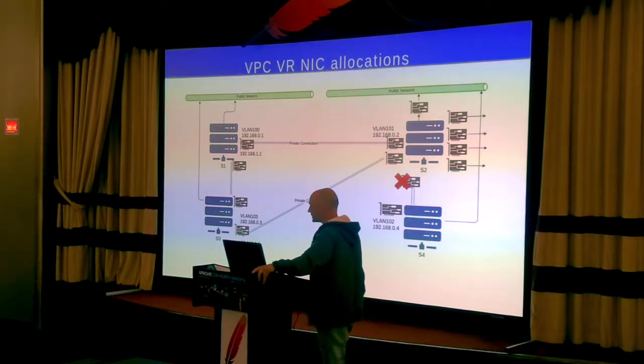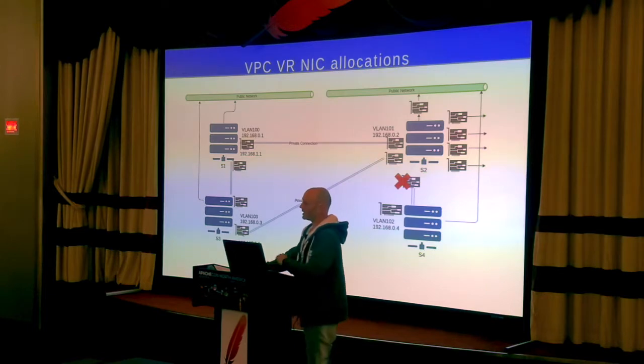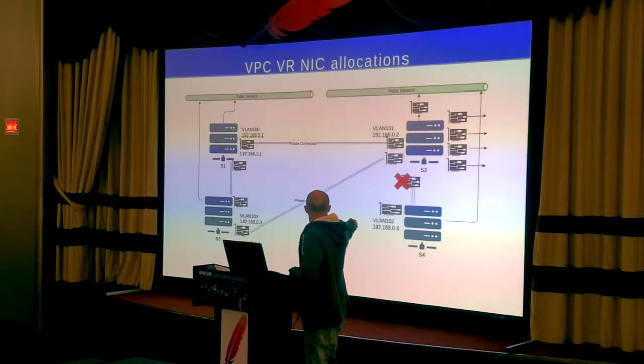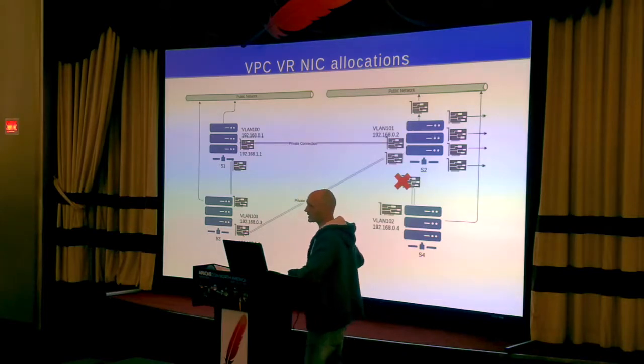The virtual router could already have many NICs allocated, as shown top right over there on S2. You can have a public NIC, and a control NIC, and then for each tier that you create, it creates a NIC.